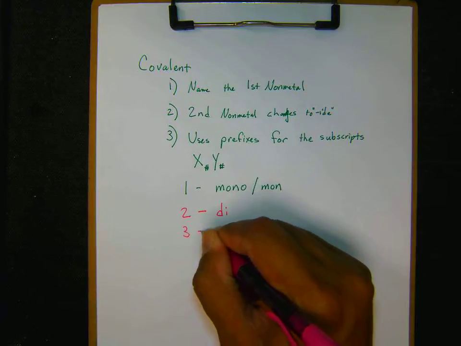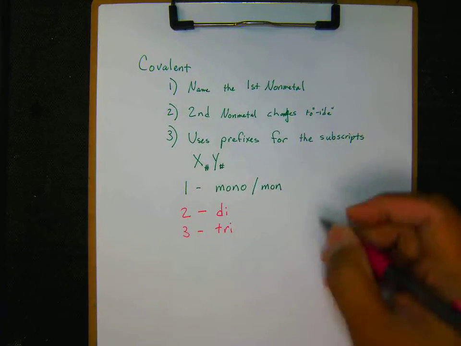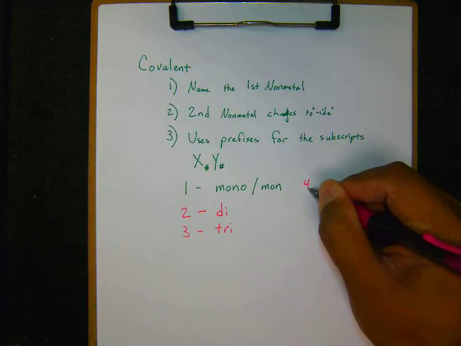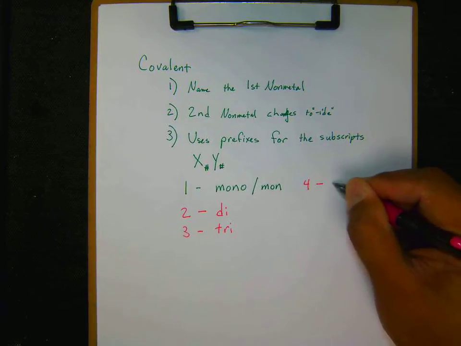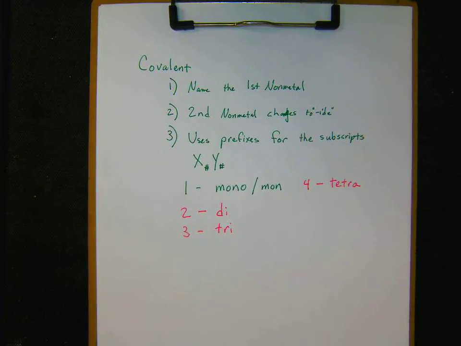If it's 3, we use the prefix tri. If there's 4, we use the prefix tetra. Tetra, as in tetrahedral, it's a four-sided shape, or the game Tetris. There's 4 blocks in each one.